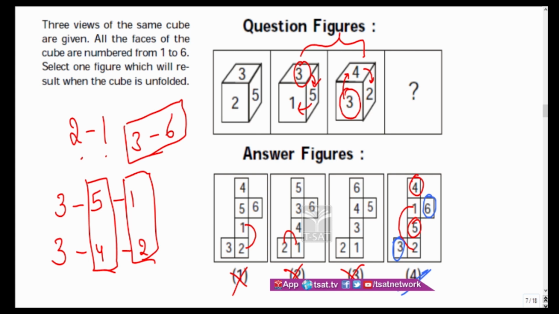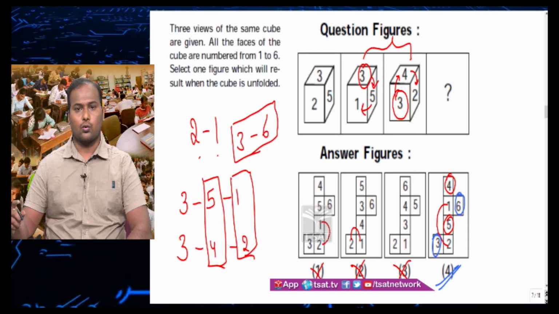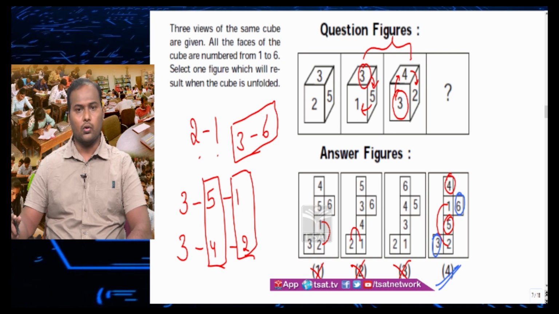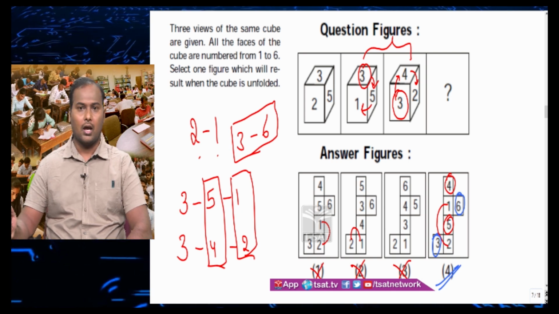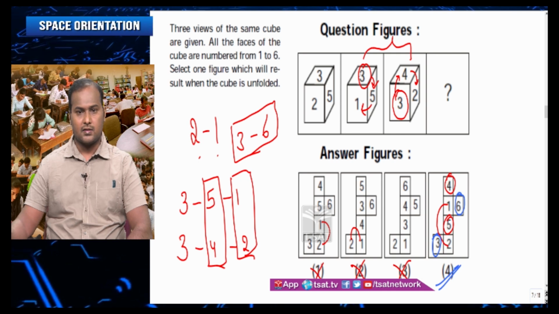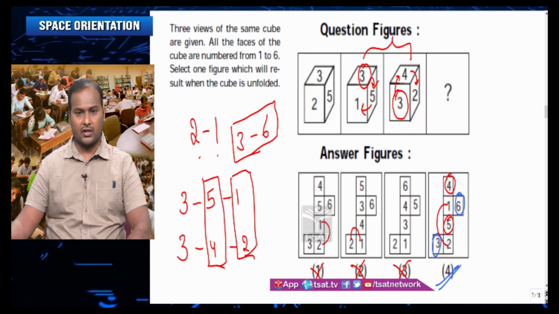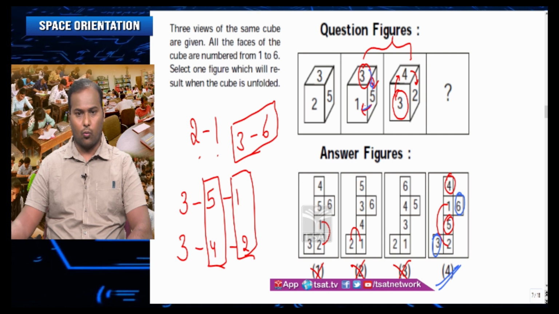In this case also, whenever you get this kind of question, first you have to check for the common between the cubes. If there are 2 common, the remaining faces are opposite. If it is 1 common in both the cubes, from the common you move in either the clockwise or anti-clockwise direction. Here, from the common 3, if I move in the clockwise direction, I got 5 and 1.